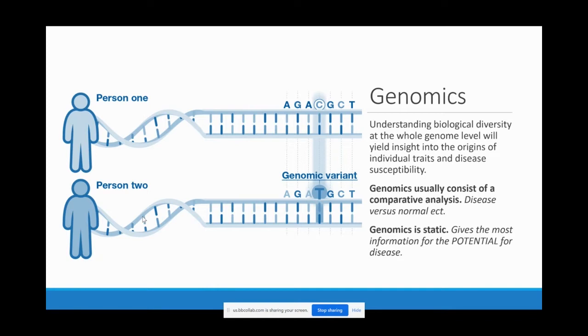And what you would then do is compare. You'd say, I have all the genes from these people that have a disease and all the genes from the people that don't have a disease. What is the difference between them? And you would find maybe, oh, hey, there's a genomic variant between the people that have a disease and the people that don't have the disease. And this is a way that we can tell genomic susceptibility, for example, the potential susceptibility to get a disease if you have a particular variant.